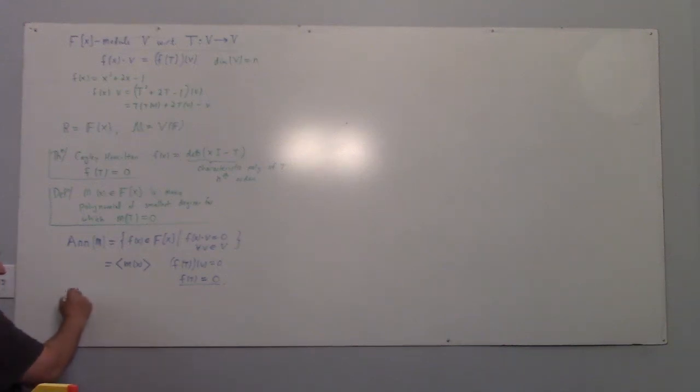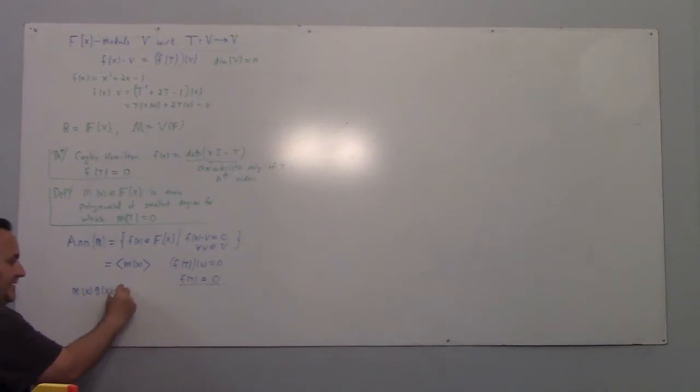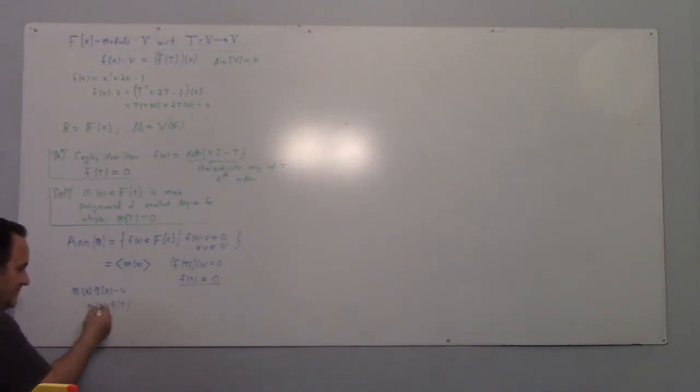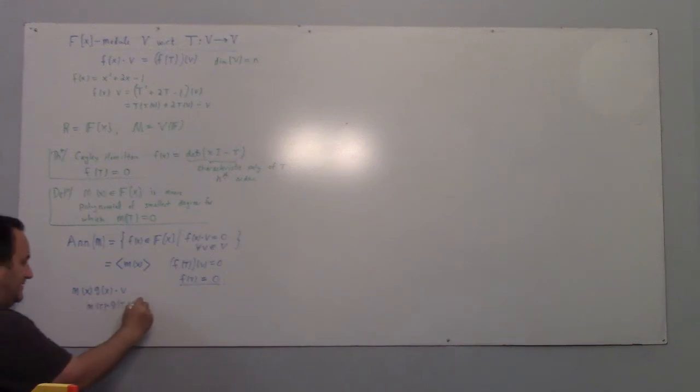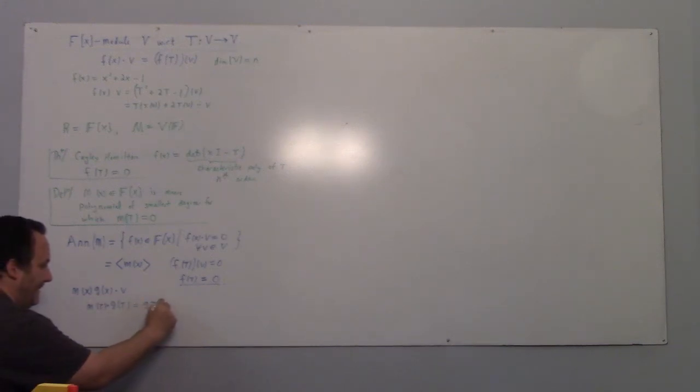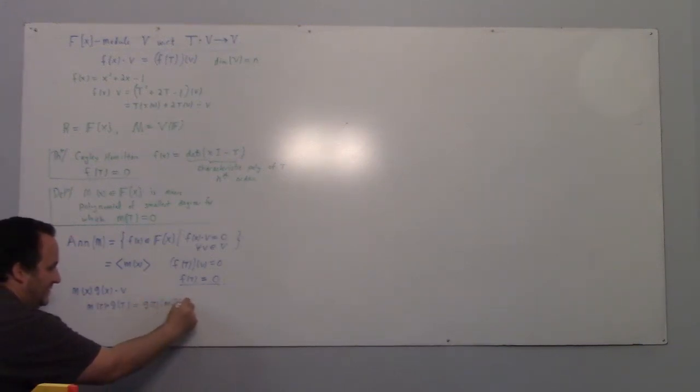Just here, if we have m(x) times g(x), and we let that act on v, we get m(T) g(T), where this means composition. These commute, and so you get g(T) m(T) on v, but m(T) is the zero operator. So this is zero.